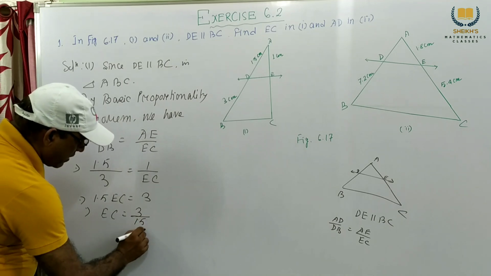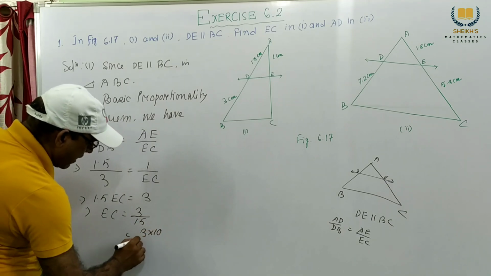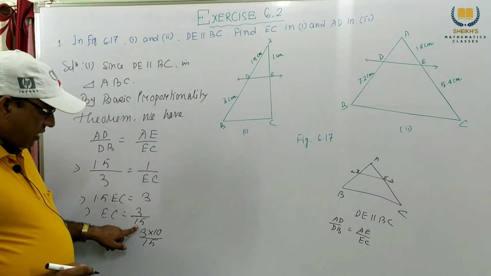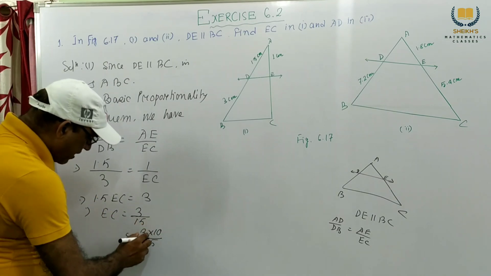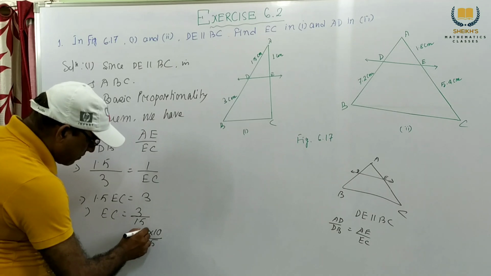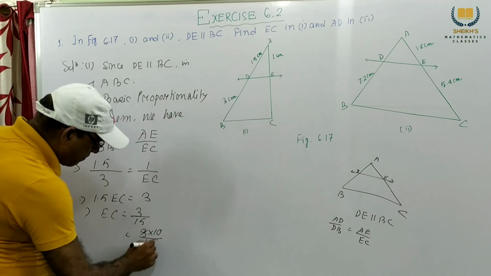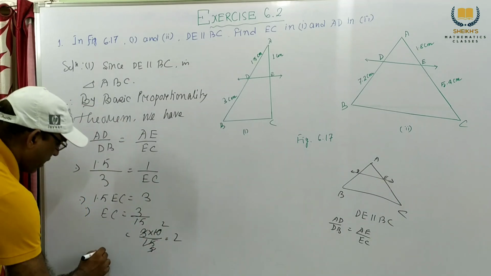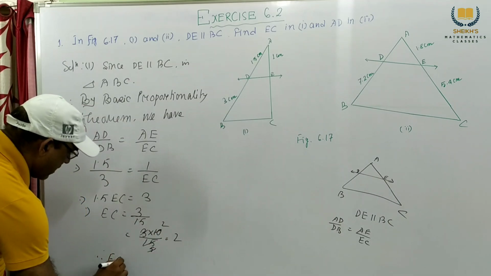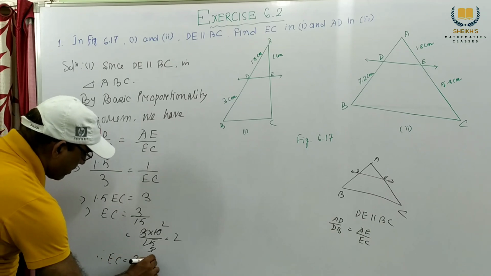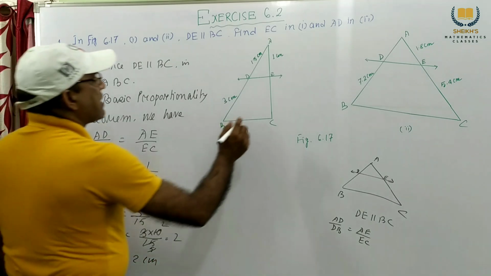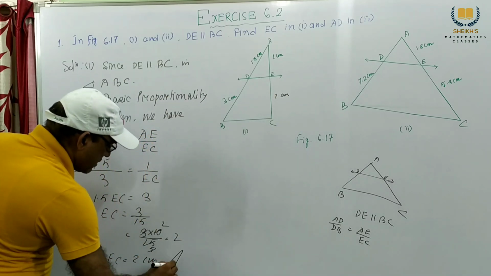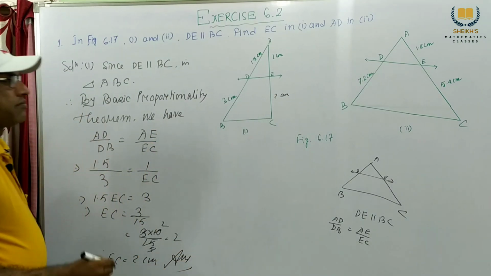Removing the decimal, we multiply by 10, then this is 30 by 15. Then we get 2. Therefore, EC equal to 2 centimeter. This is the answer.